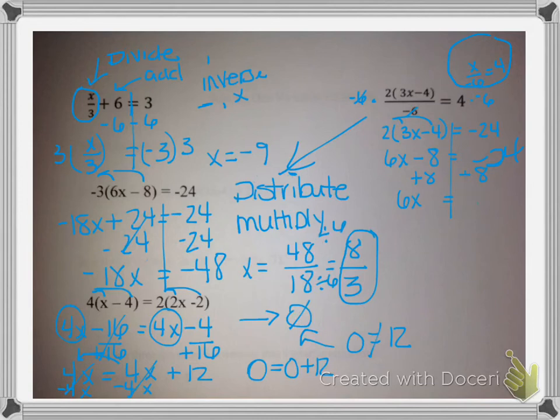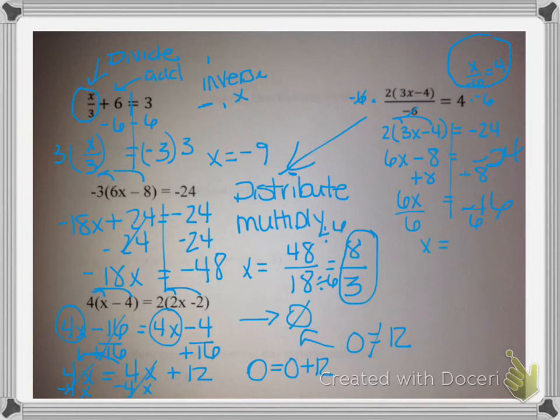And so then when I say negative 24 minus 8, I get negative 32, or plus 8, I'm sorry. Can't read my own handwriting here. Negative 24 plus 8, I get negative 16.